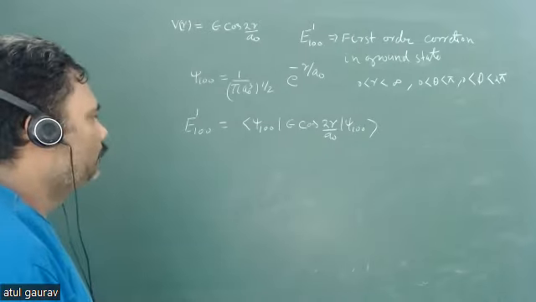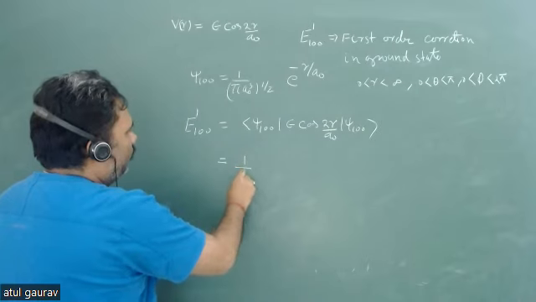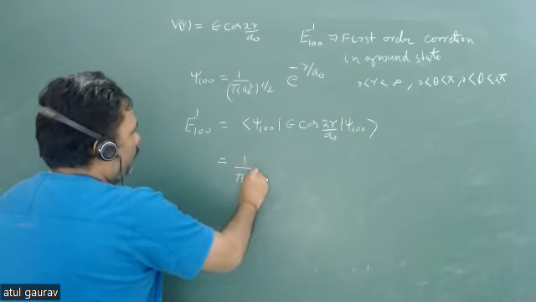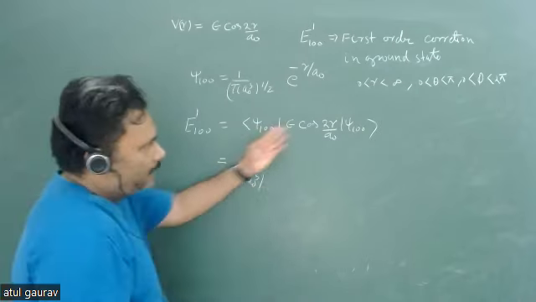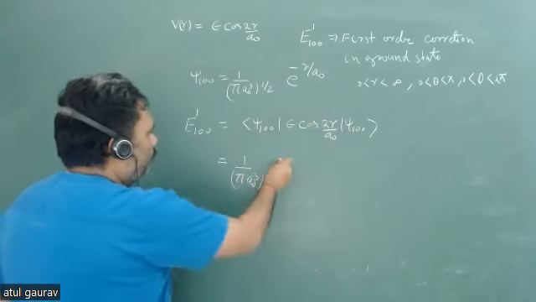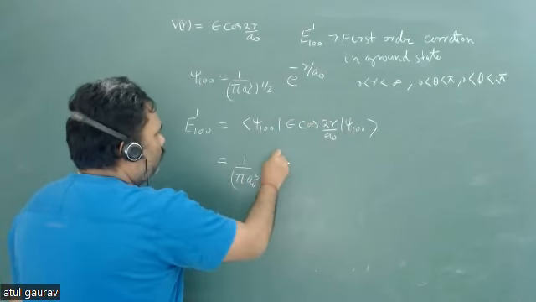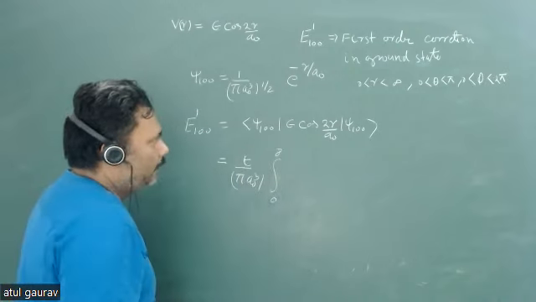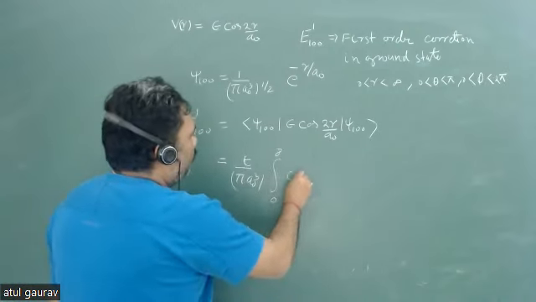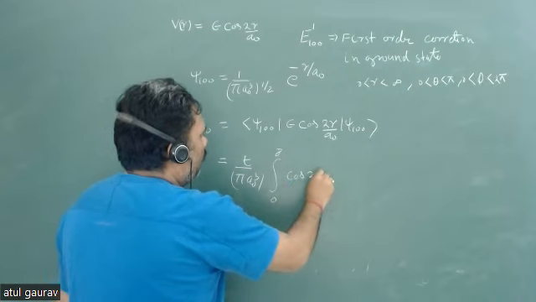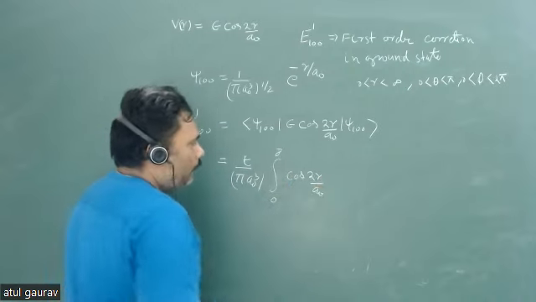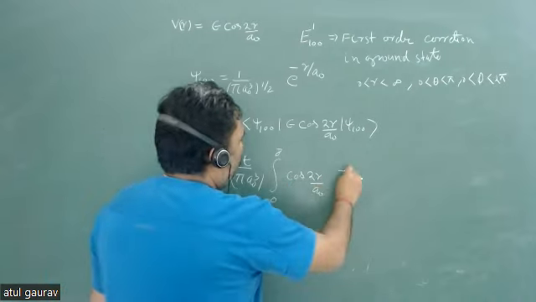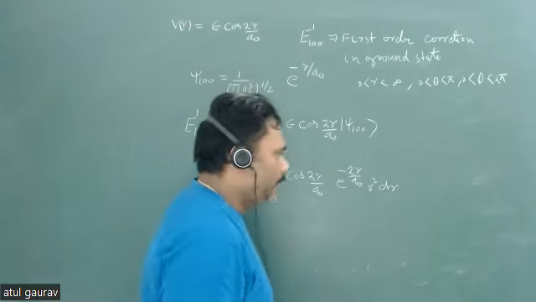So we have 1 upon pi a naught cube, because psi star psi will be there, so this half will be gone. We will go 0 to infinity, and epsilon term I can take outside. So here we have cos 2r upon a naught e to the power minus 2r upon a naught r square dr. This is radial part.